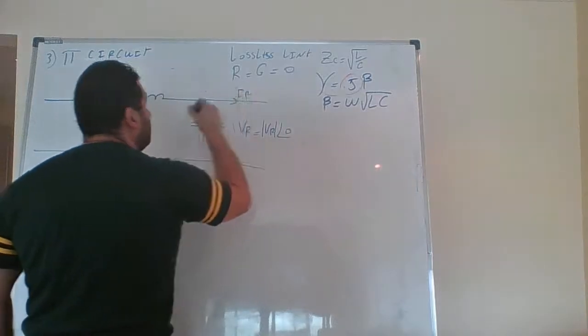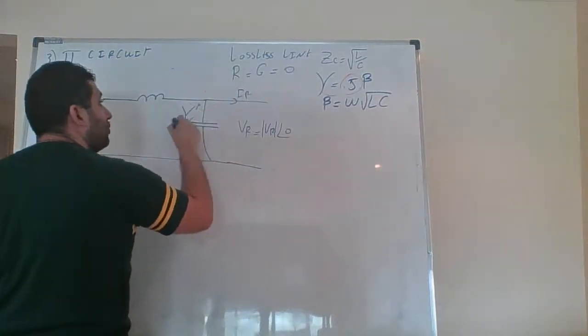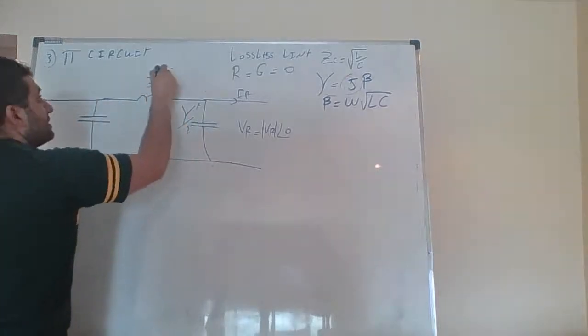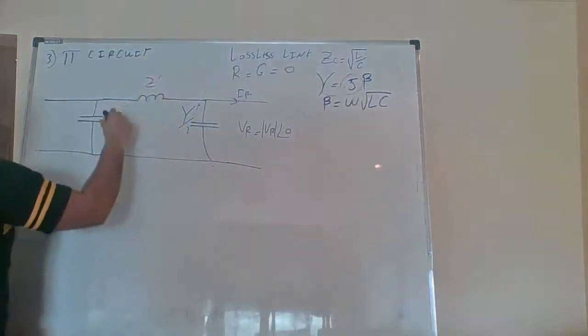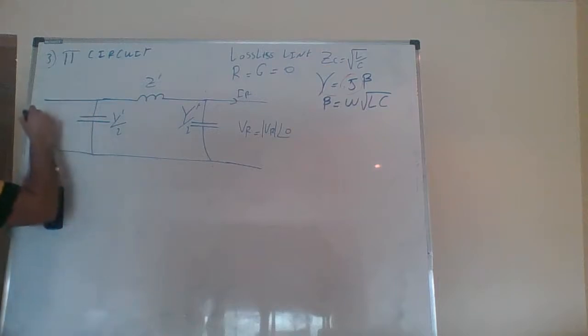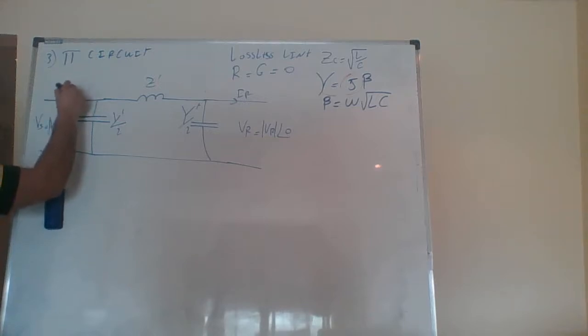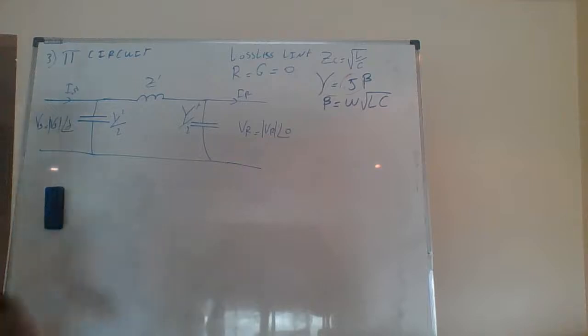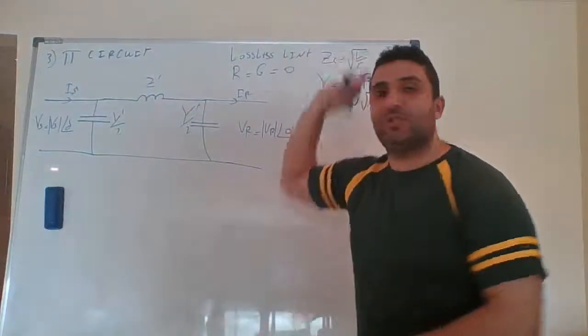This is IR. This is Y dash over 2. This is Z dash. This is Y dash over 2. And this is Vs, equal to magnitude of Vs at angle delta. And this is Is.